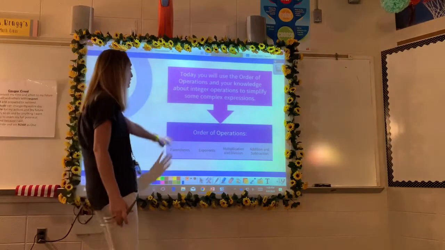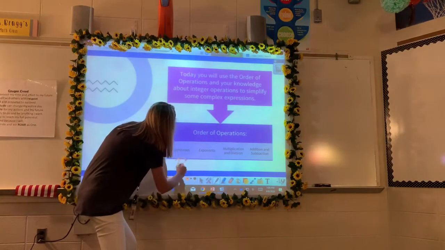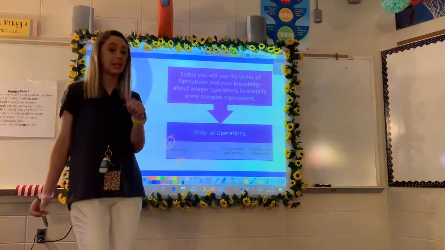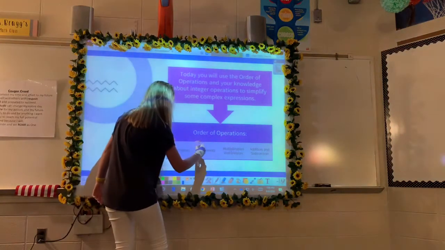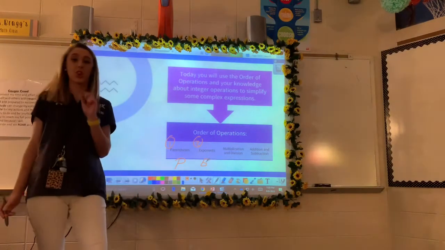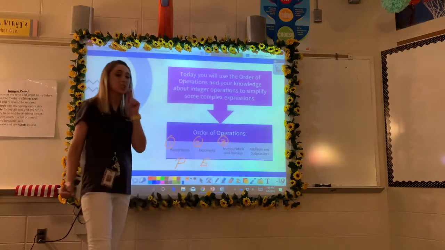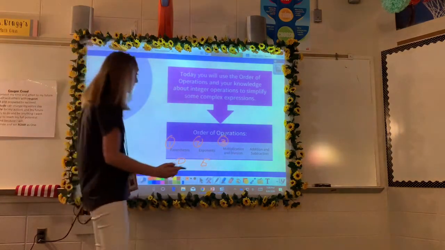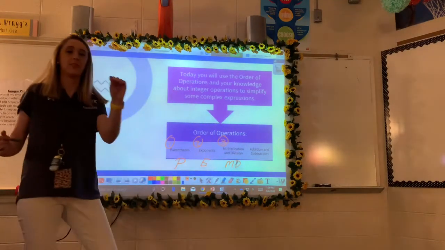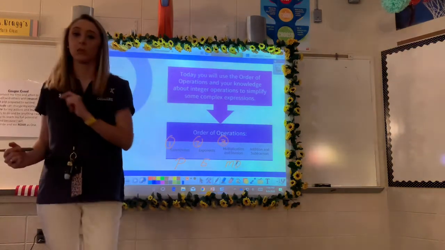So just some things to remember about order of operations. We have parentheses. So remember, those always come first. So parentheses are first. So that's our P. Our second one is exponents. That's our E, okay? The third one is multiplication and division, okay? But something we gotta get a grasp of is that it's multiplication or division, whichever comes first.